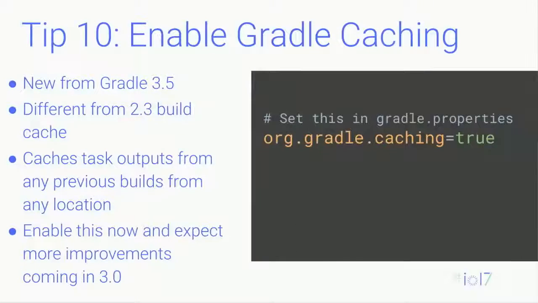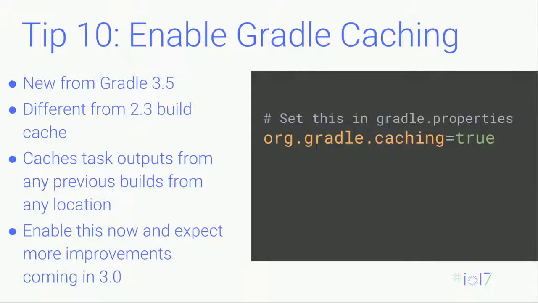Now, the last tip here is that you should enable the new Gradle cache. If you were at the What's New for DevTools talk this morning, you might have heard Xavier talk about this. This is a new caching mechanism from Gradle, where you can cache all the task outputs from every task.